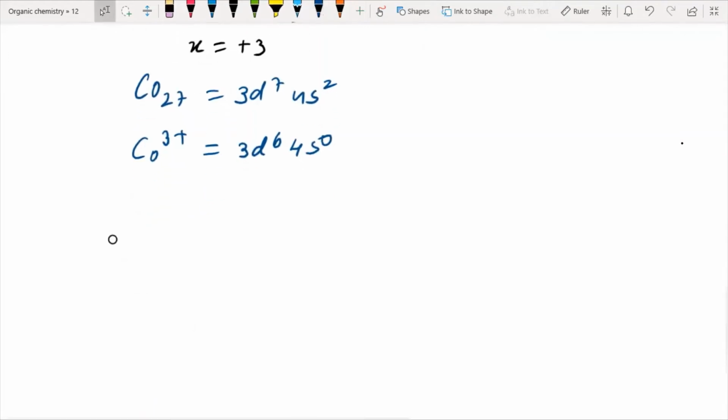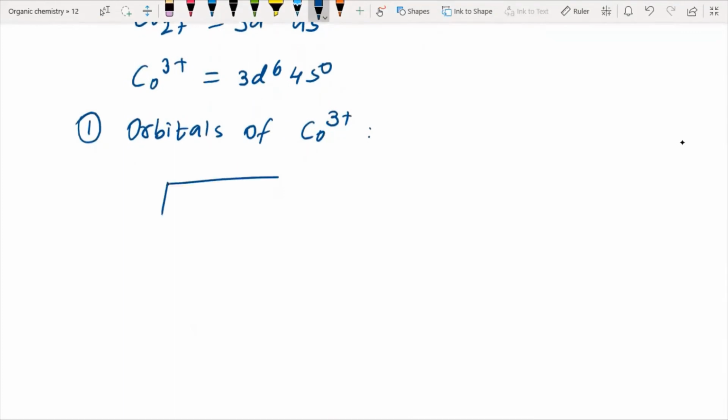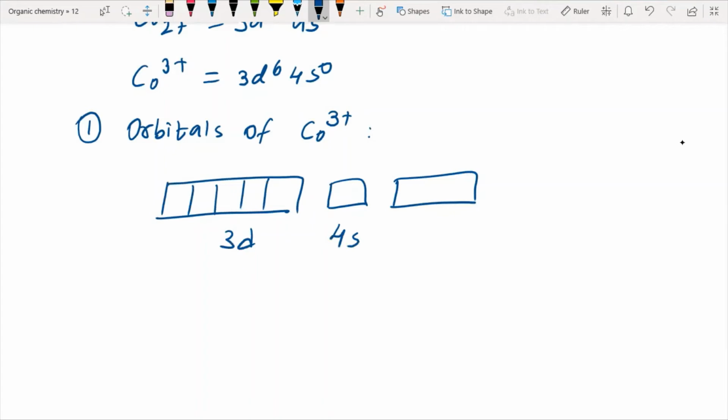Now we'll start with the orbitals. Number 1, orbitals of Co3+. We have 3d orbitals here, then 4s, and here 4p. So 3d, 4s, and 4p. We have 6 electrons, that is 1, 2, 3, 4, 5, 6.